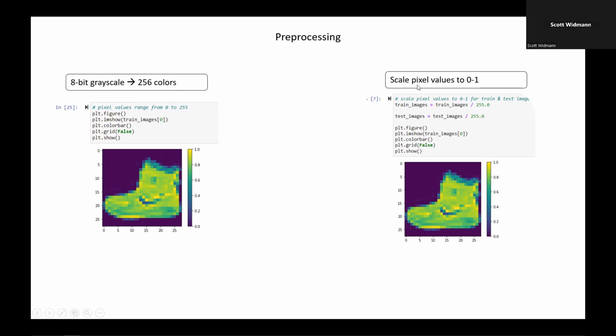And so we want to scale those from 0 to 1. So we would divide all of these images by 255 to scale them. In any kind of machine learning problem, you usually have to scale, and it's usually on a scale from 0 to 1.